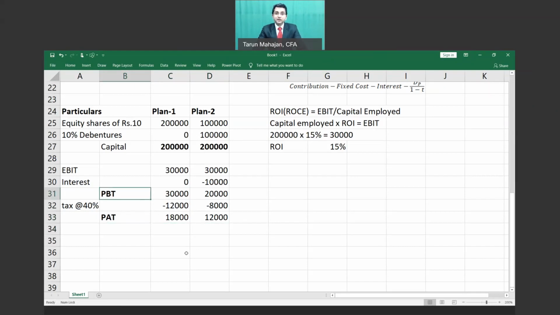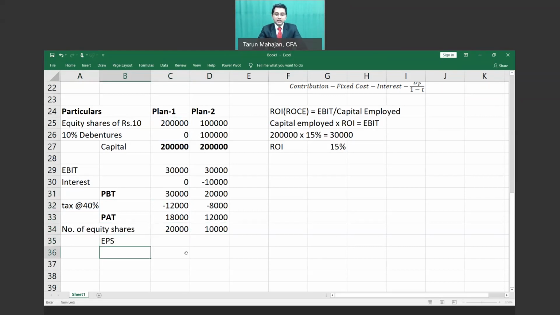Once I get profit after tax, then I need to deduct dividend on preference shares, which is not here. So now I'll simply divide it by the number of equity shares. The number of equity shares in the first case is 20,000, and in the second case just 10,000 equity shares.